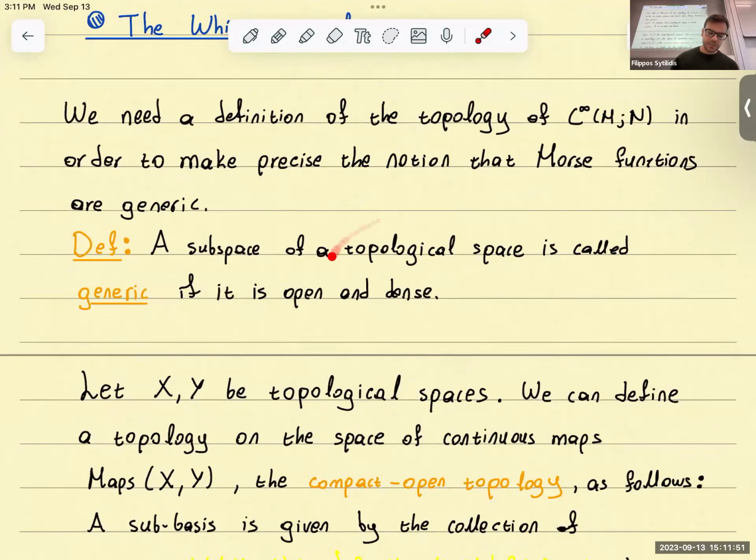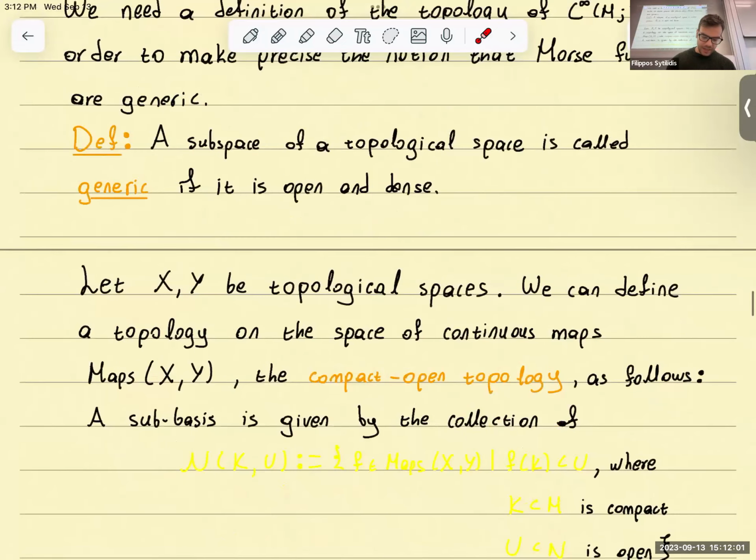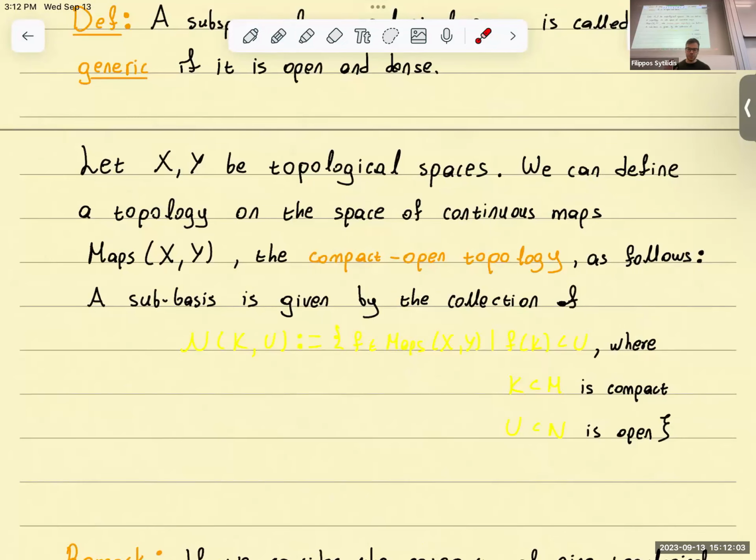And by generic, typically I will say that a subspace of a topological space is generic if it's open and dense. So I'll be using those kind of interchangeably. And I guess it's useful first to wonder a little bit about what kind of topology we can put on mapping spaces, because C-infinity of M, N is an example of a mapping space.